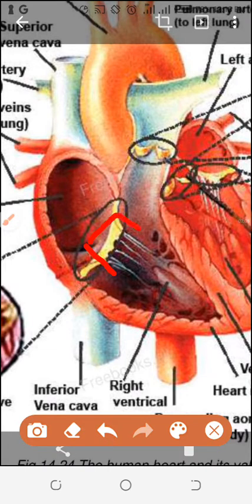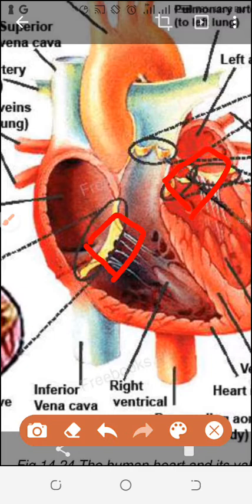If you see, this is the tricuspid valve. Tricuspid valve means it consists of three flaps of connective tissue, and the bicuspid valve is here. Bicuspid valve means it consists of two flaps of connective tissue.